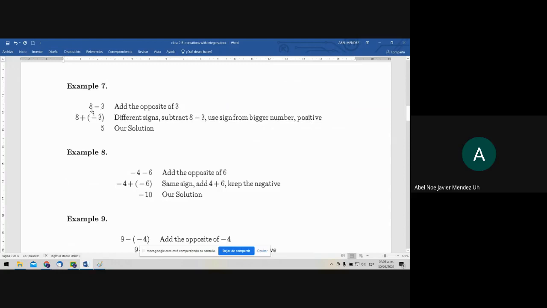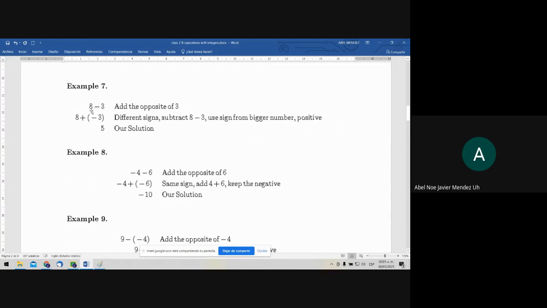Okay, 8 minus 3, 8 plus the negative, because here we have a sign. Okay, this is the sign of the operation, but the number has its own sign.